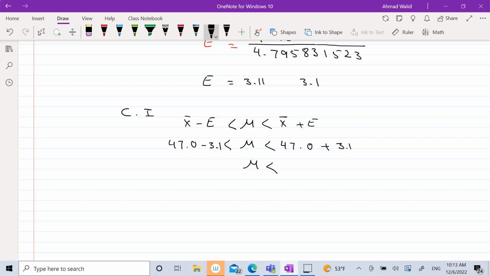Mu will be between 50.1 and greater than 43.9. Correct? What this explains here, actually, you see 47 is between these two numbers. Correct? This gives full support to the case that yes, the company is actually avoiding giving promotion to people that are 47 years old or older. Correct?